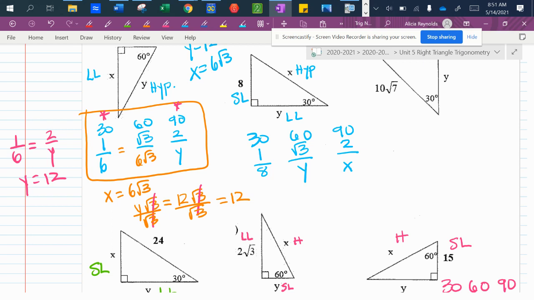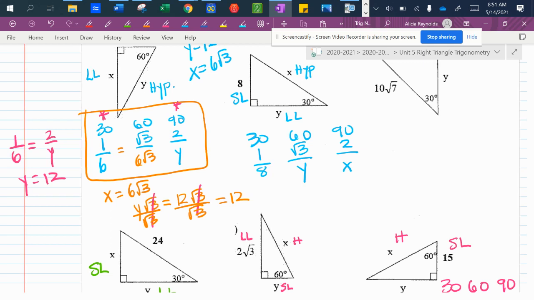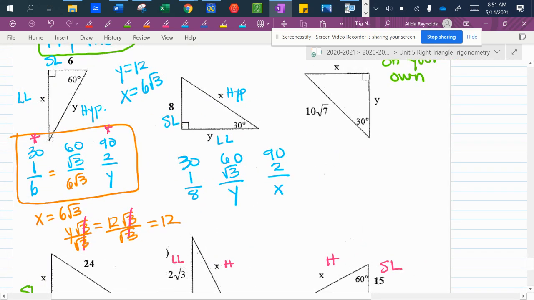So I'm not going to ask if you have questions because I know you do. That was the first example on a new concept. So let's do a couple more. Second one, if I do the cross multiplication here, y equals 8 root 3. Now, if I don't want to deal with root 3 at all, I can use those two. I can do 1 over 8 equals 2 over x to get x equals 16.